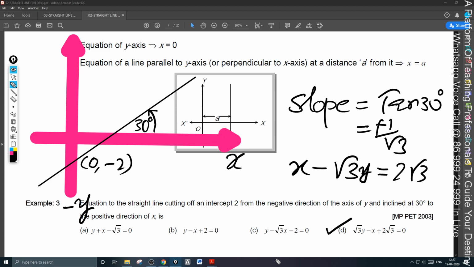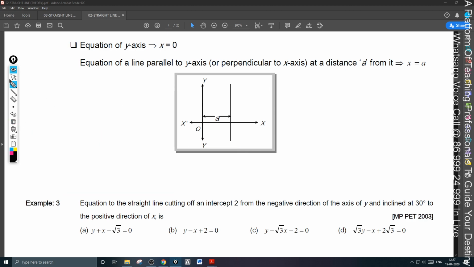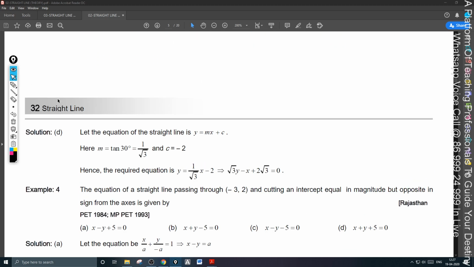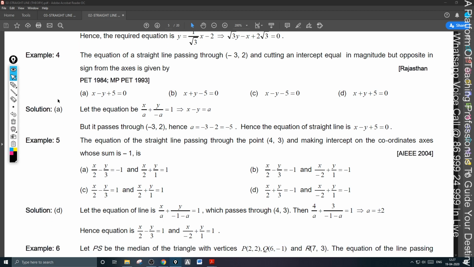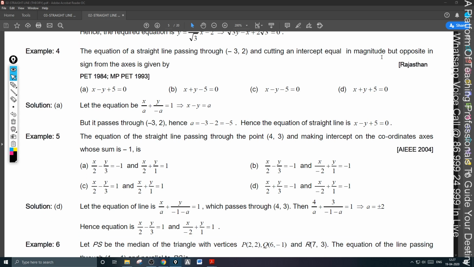Okay, now the next question. The equation of a straight line passing through -3, 2 and cutting off intercepts equal in magnitude but opposite in sign from the axes is given by what? What is the point given? -3, 2. And they are equal in magnitude but opposite in sign. Let us take it on the board.